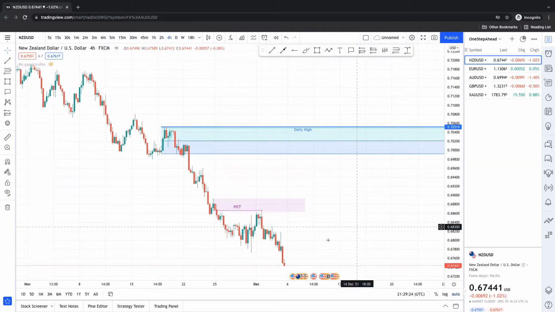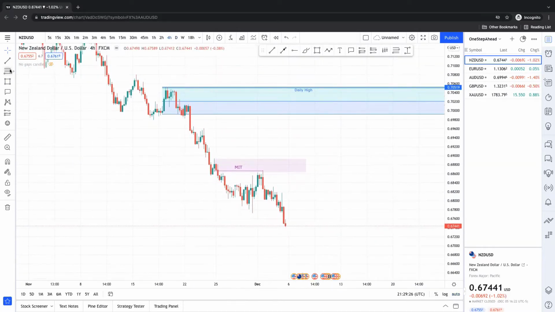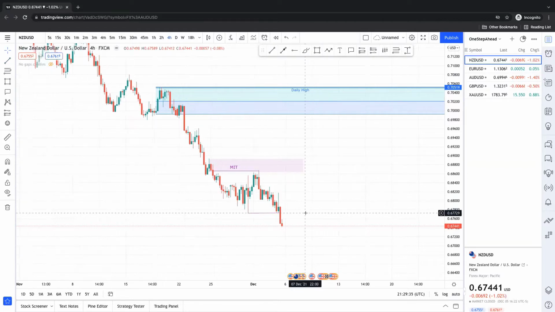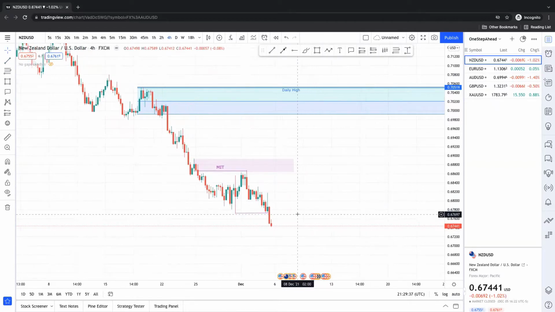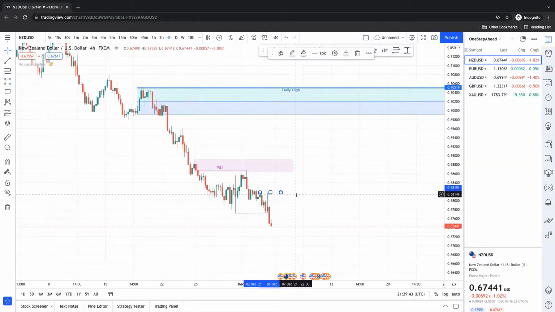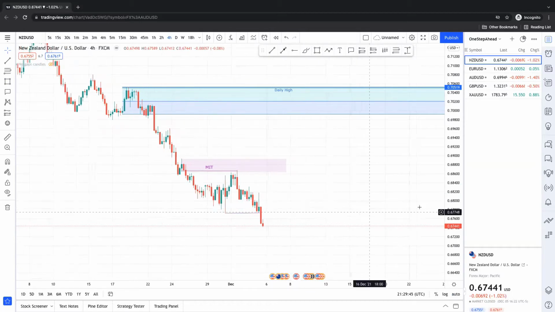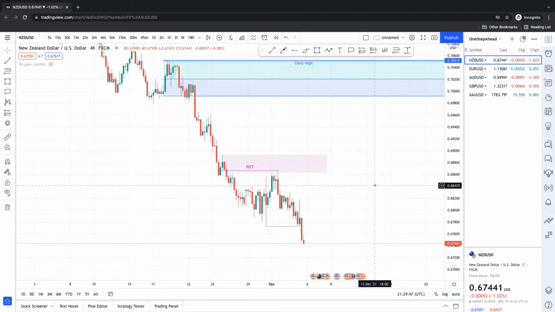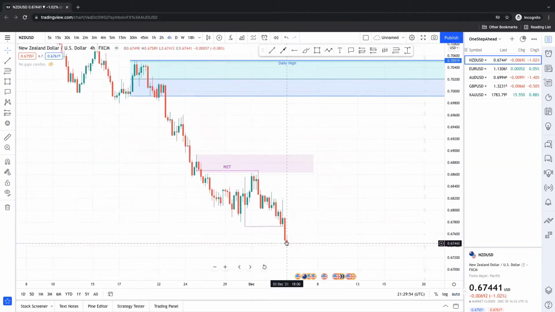We'll be looking to sell again if, let's say, this is a breakup structure. We'll be looking to sell again from somewhere, and I think that's not an OB. Let me see. That's the low, and where is the high? Many people make the mistake here.